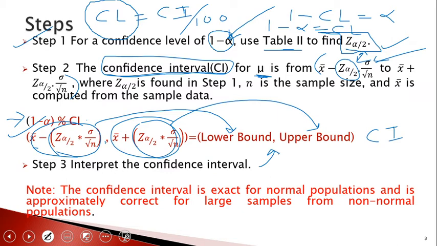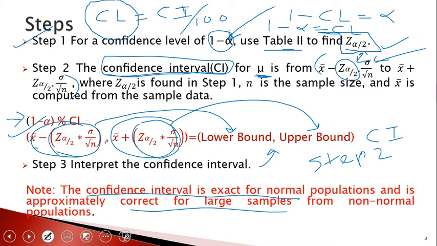The confidence interval is exact for normal populations and it is approximately correct for a large sample from a non-normal population. The results you got from step 2 are true under these assumptions.